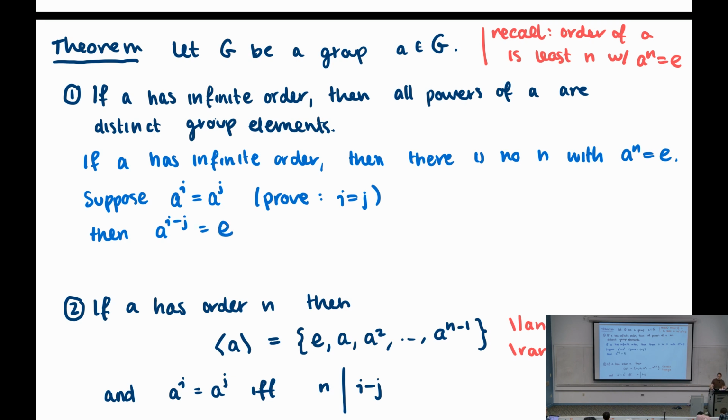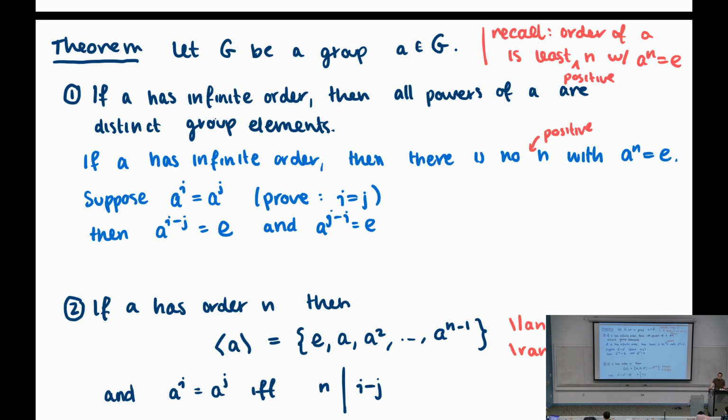But there's no, sorry, this should say the least positive n. So that means that a to the i minus j is equal to e, and a to the j minus i is equal to e.